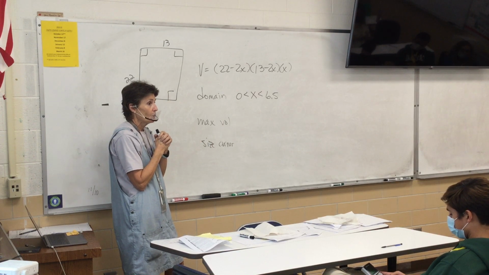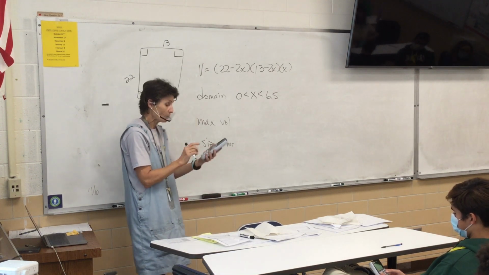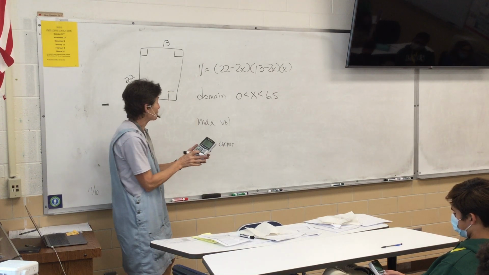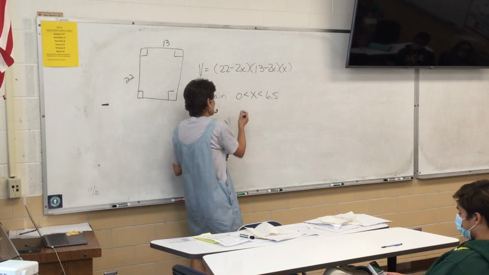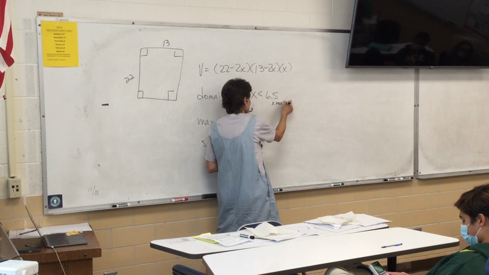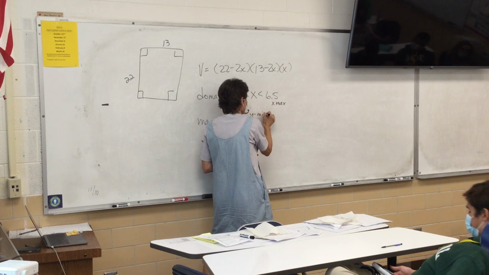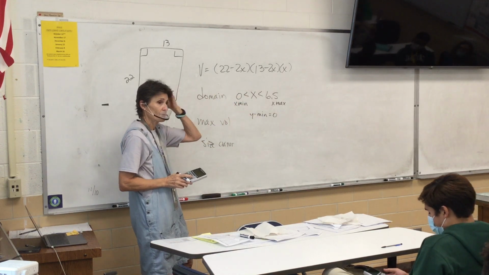Well, now we need to type in the equation because that's how we find the maximum. So I'm going to go to my window, and this is X min, this is X max, and Y min is always 0. So this is going to be my setup.